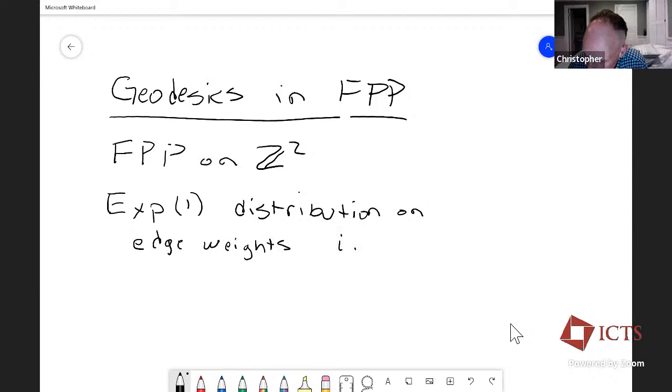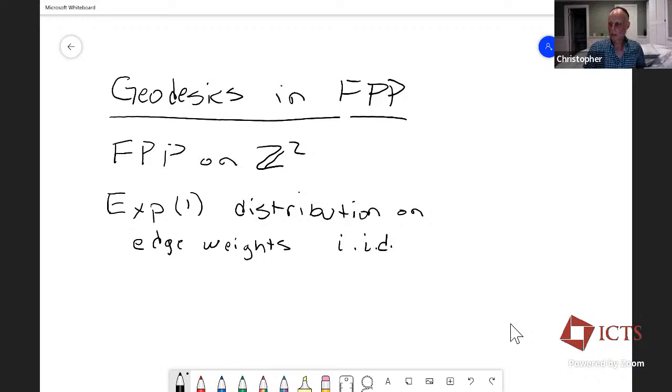And these will be IID. Nothing particularly special about this, but this is a nice distribution. If you're going to pick a distribution to prove something about, then it might as well be this one.